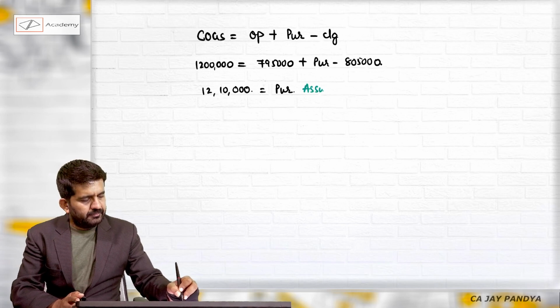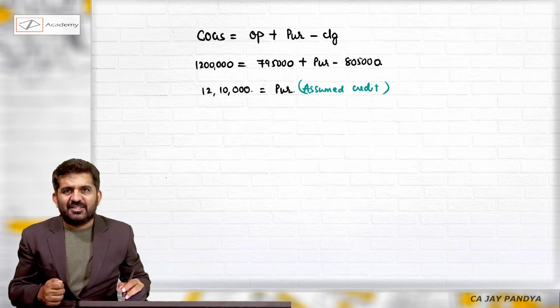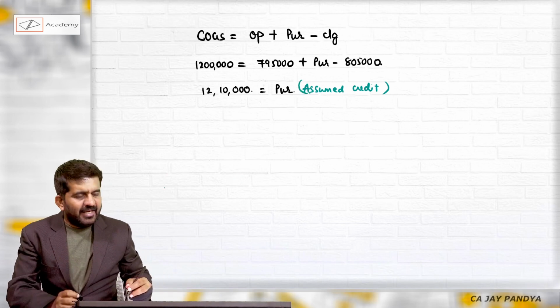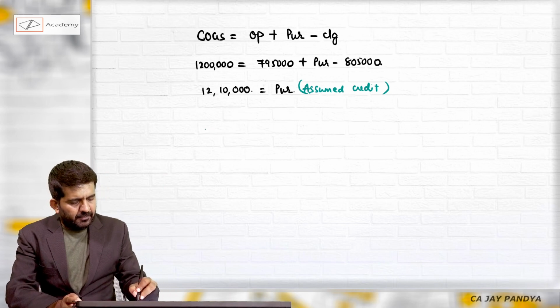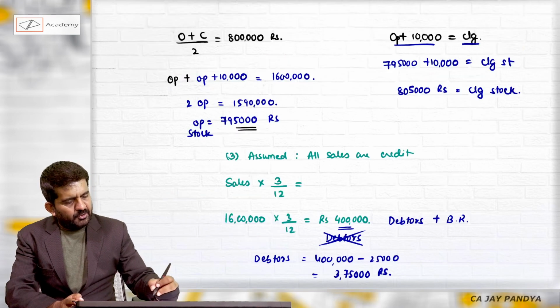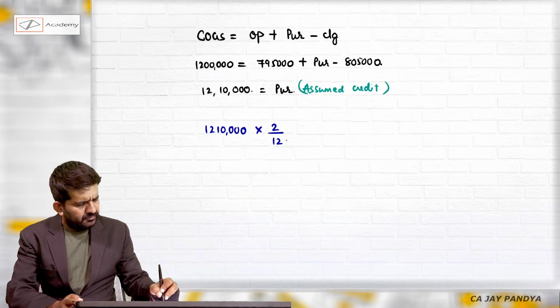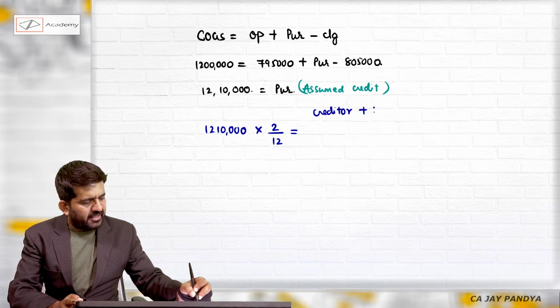Assumed credit. Similarly, I can find out the answer of creditors and bills payable as I have found out for debtors and bills receivable. Very simple. Purchases are of 12 months. Creditors period is 2 months. Will it be nothing but only creditors? No, creditors plus bills payable.